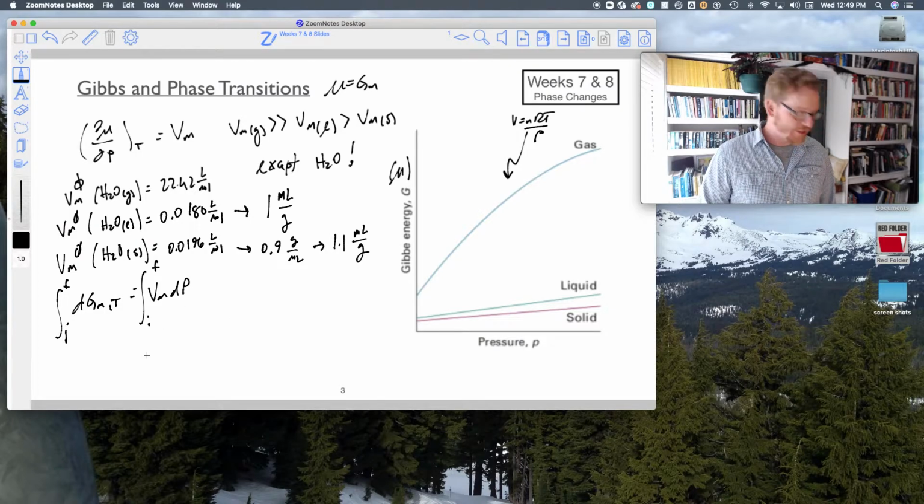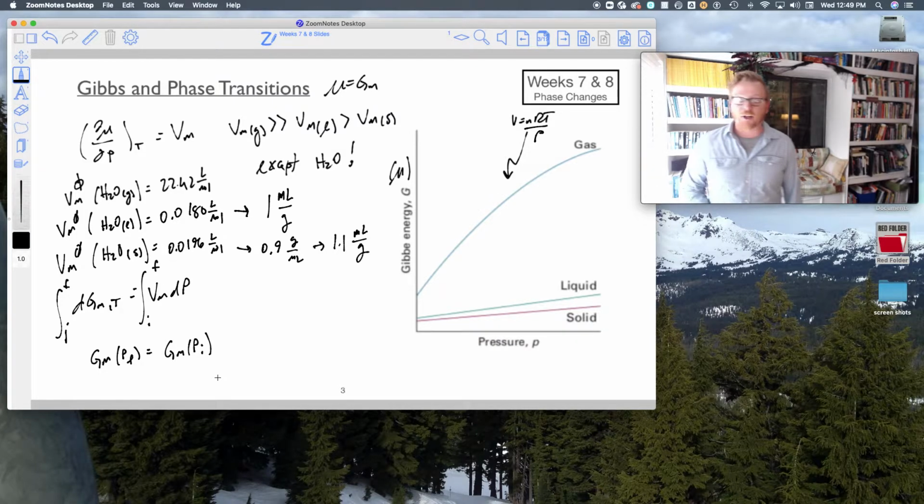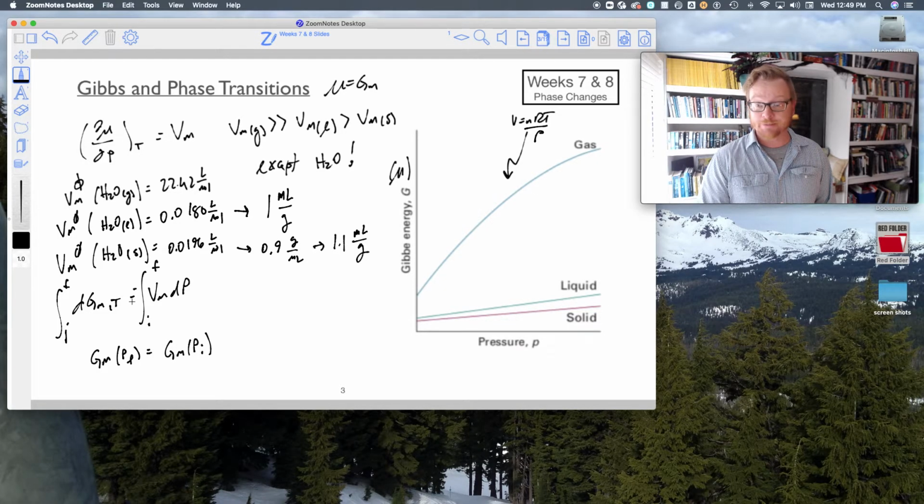And what I get is the following. I get Gm at P final equals Gm at P initial, so that I did one algebra step there that I'm not showing you. The algebra step was, this turns out to be, final minus initial.